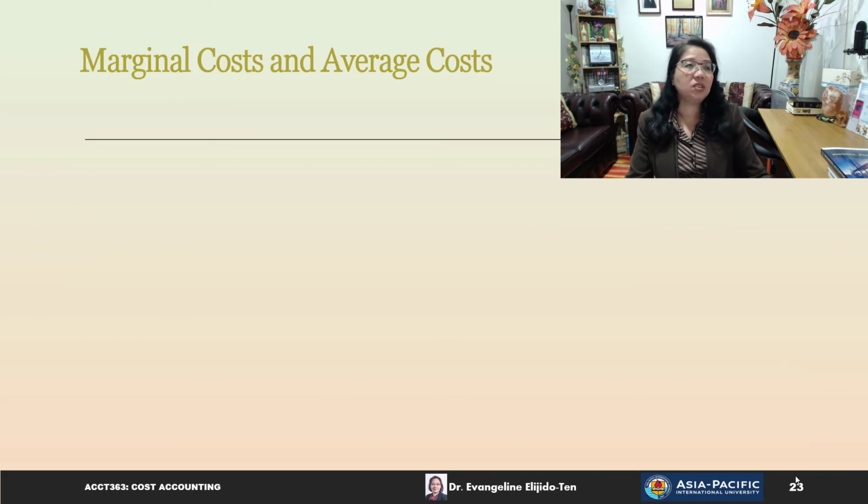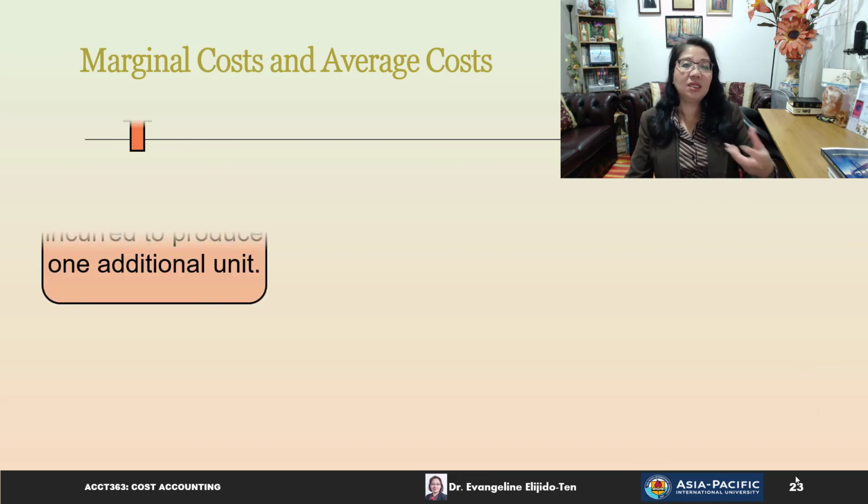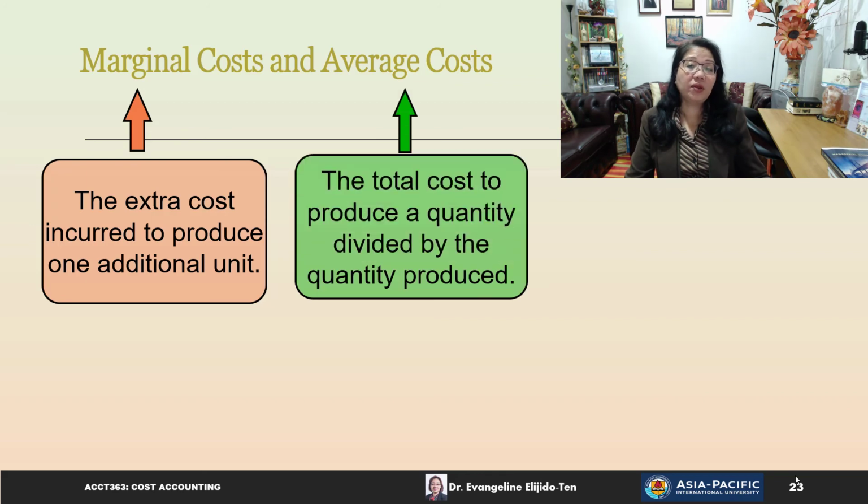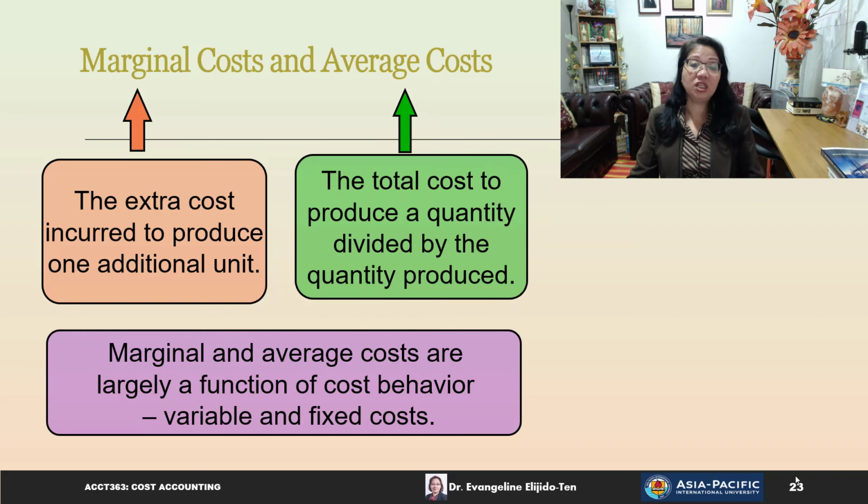Let's move on to marginal cost and average cost. A special case of the differential cost concept is marginal cost, which is the extra cost incurred to produce one additional unit. An average cost, on the other hand, is the total cost to produce a quantity divided by the quantity produced. It's important to note that the marginal and average costs are largely a function of cost behavior, the variable and fixed costs, because the marginal cost would most of the time be your variable costs.